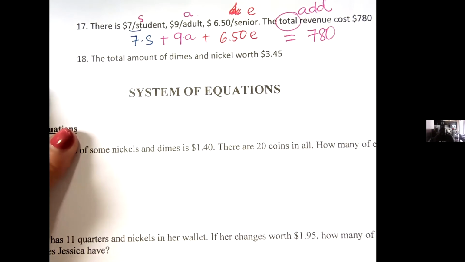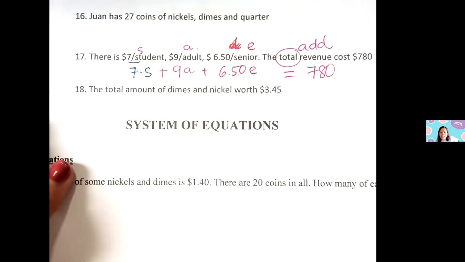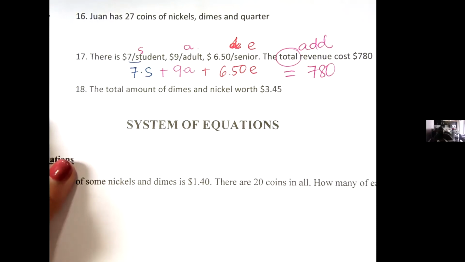I was saying that you taught us we have to label all the quantities that are being compared, like student, adult, senior. And you didn't do that. So you asked Mr. Nissa just to write it down.